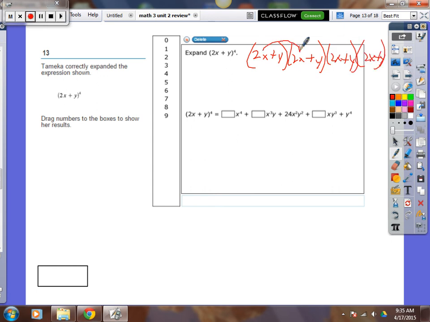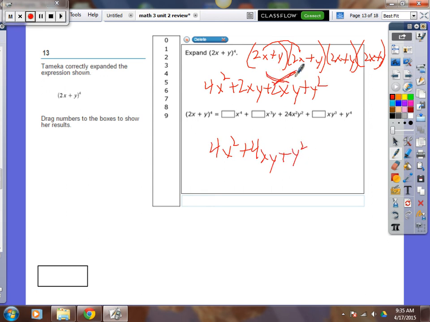So if I distribute, I'm going to get 4x squared plus 2xy plus 2xy plus y squared. So I'm going to get 4x squared plus 4xy plus y squared. And since that's what I get from those two, I know that's what I'm going to get from these two. So it's going to be 4x squared plus 4xy plus y squared.